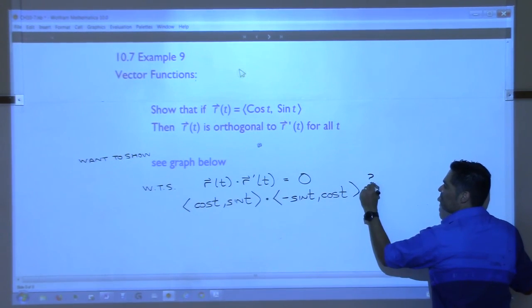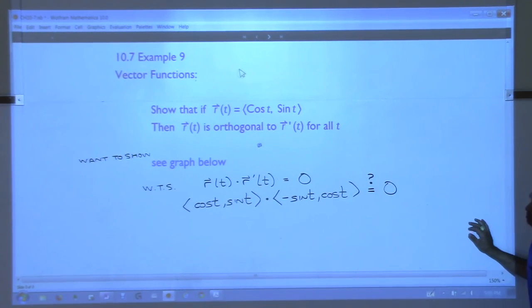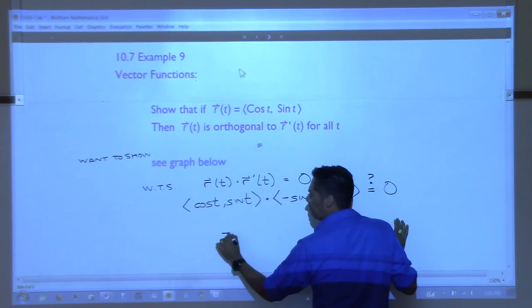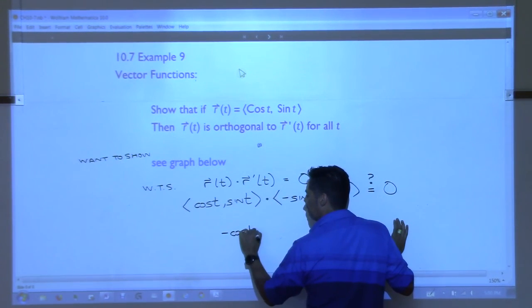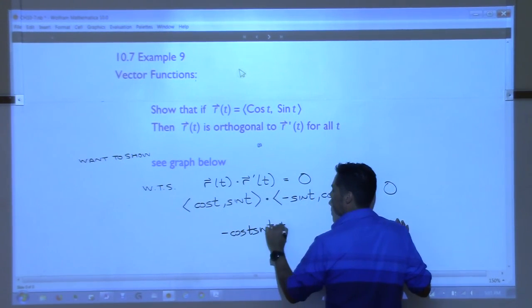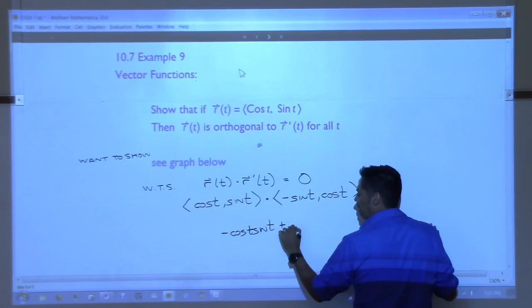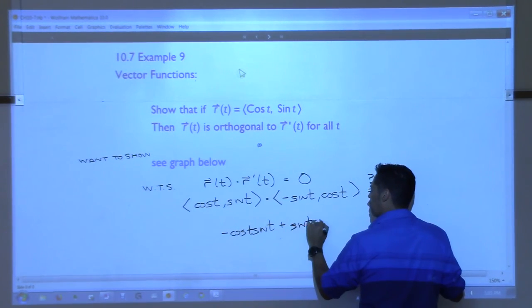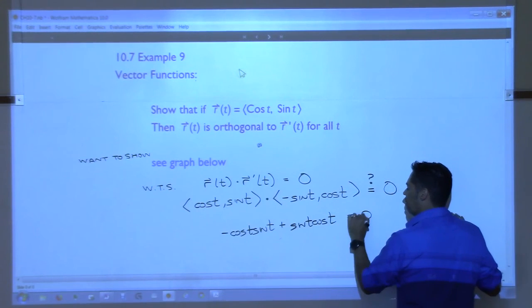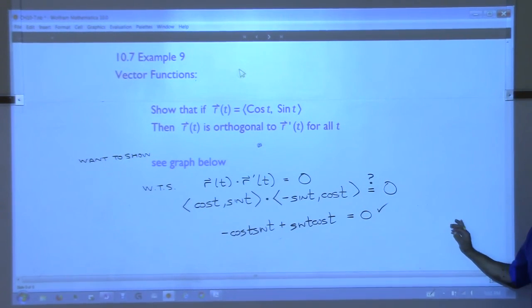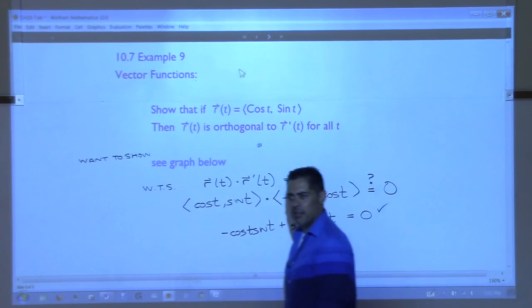We're asking ourselves, is that 0? When we dot that, we get negative cosine t sine t, plus sine t cosine t, and it doesn't matter what order you put those in. And that is 0, isn't it? They just cancel each other out. And that's it, we've shown it. It's nothing complicated there, right?